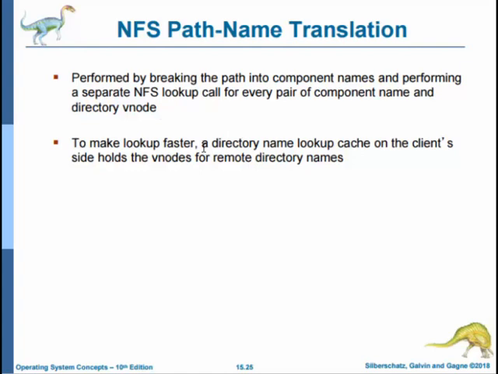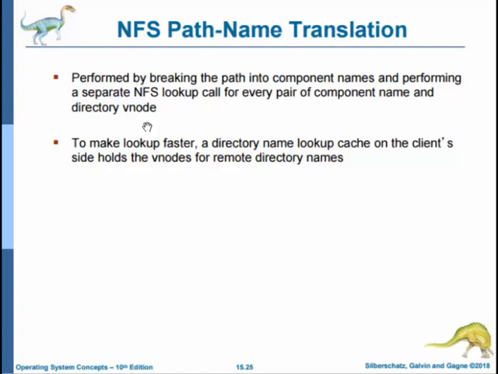Path name translation is done by breaking the path into component names and performing a separate NFS lookup call for every pair of component name and directory vnode.